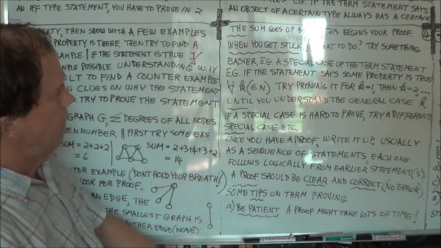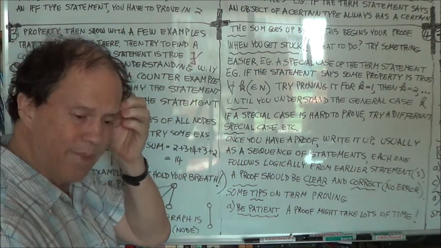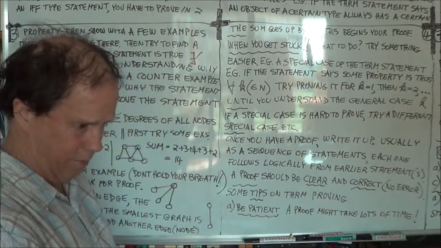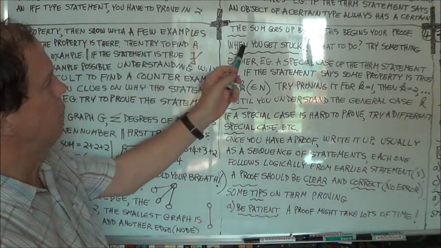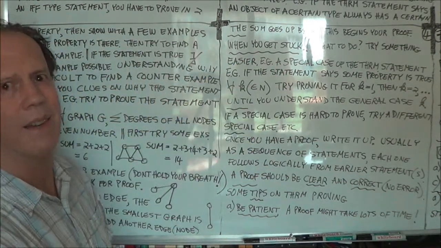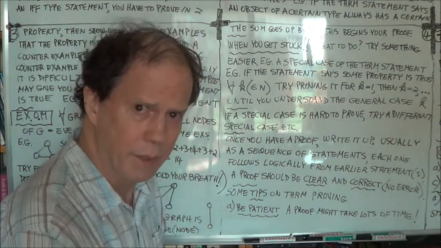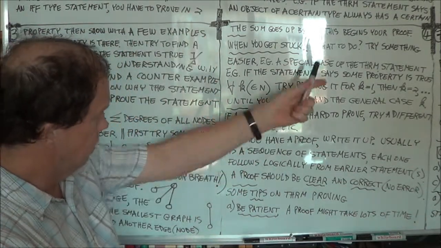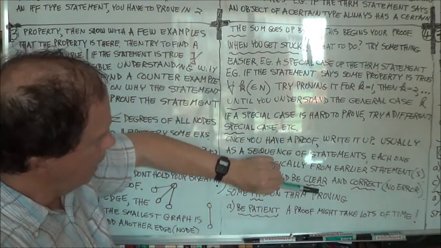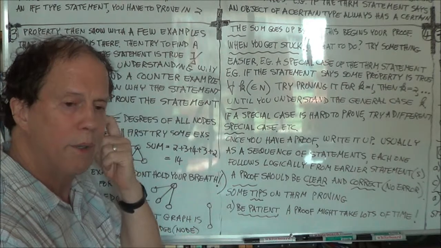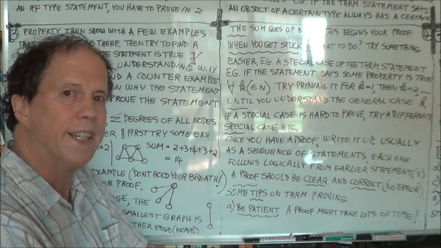Okay, so what do you do? So that gives you an idea of how to go about making a proof. But what do you do when you get stuck? Because some proofs are very difficult. Well, these are just some guidelines. Remember, proving theorems is an art.